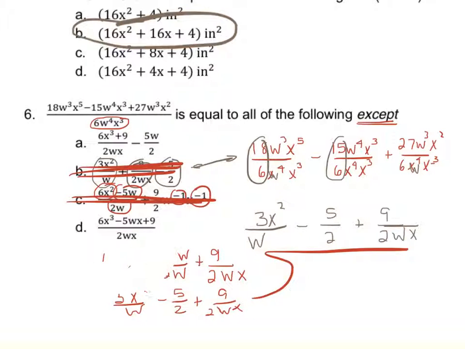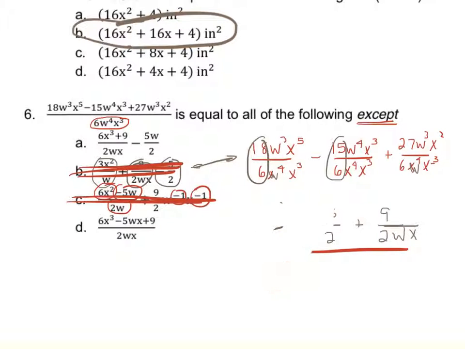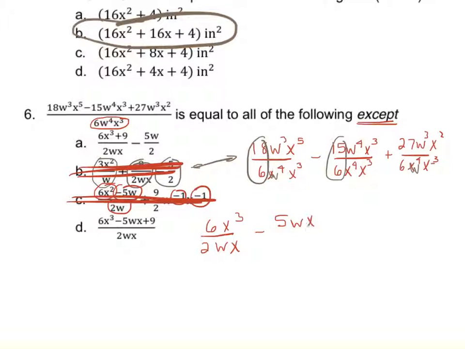And then finally D, I would do exactly the same thing. This one just hasn't been simplified all the way. But if I break up D, I'd have 6x cubed over 2wx minus 5wx over 2wx plus 9 over 2wx.